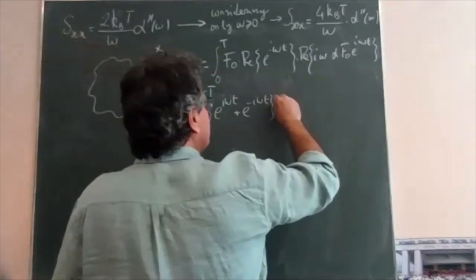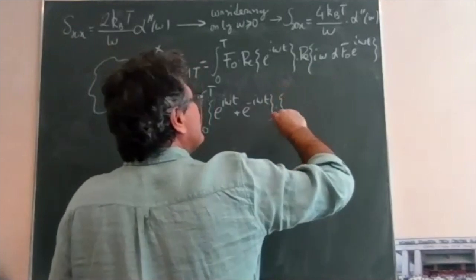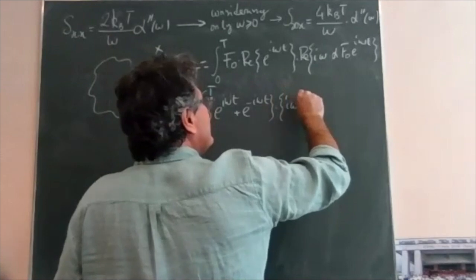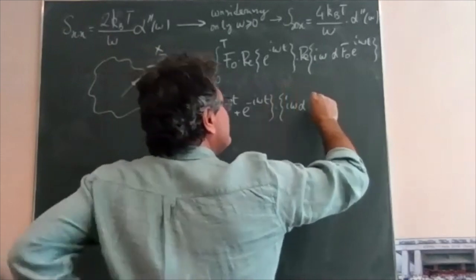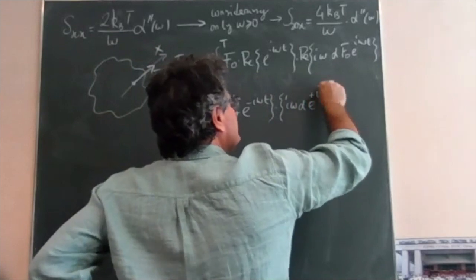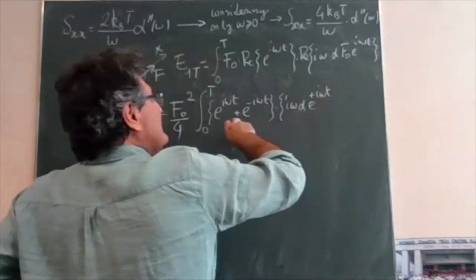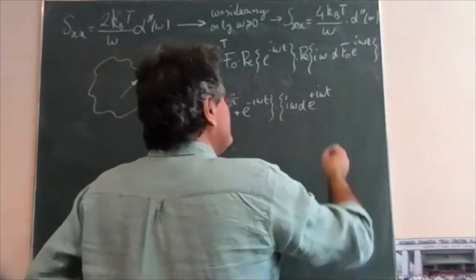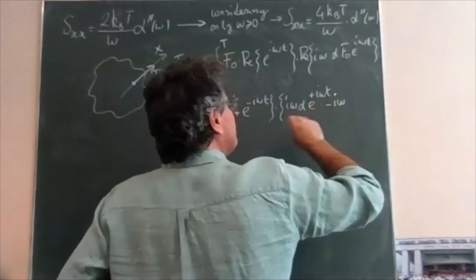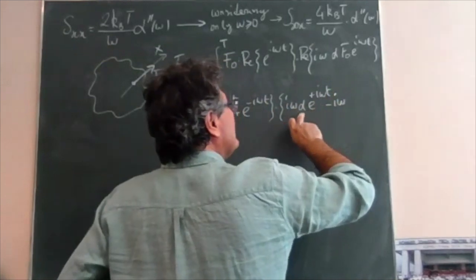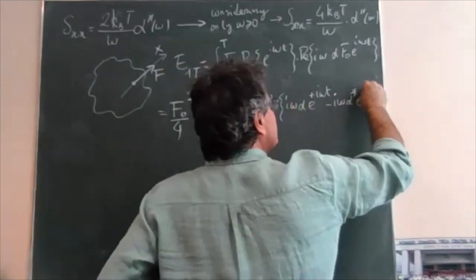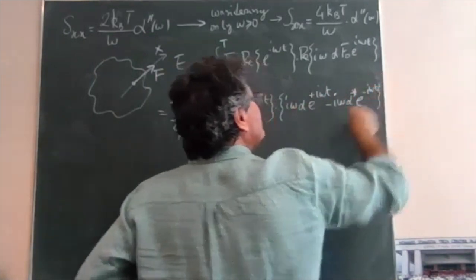And then I have here times i omega alpha e to the i omega t, and then plus the complex conjugate, so it's minus i omega alpha complex conjugate e to the minus i omega t.